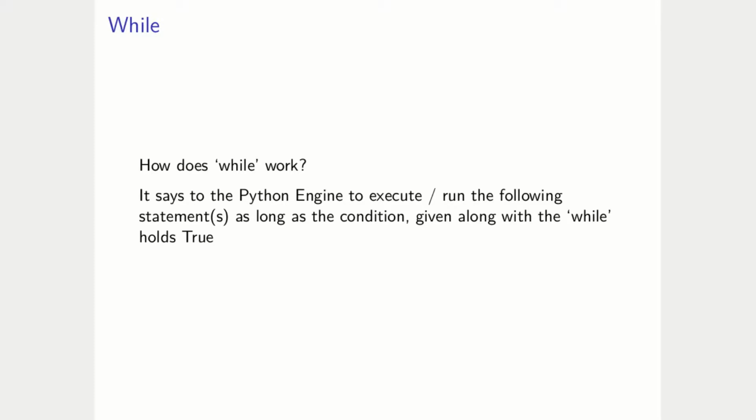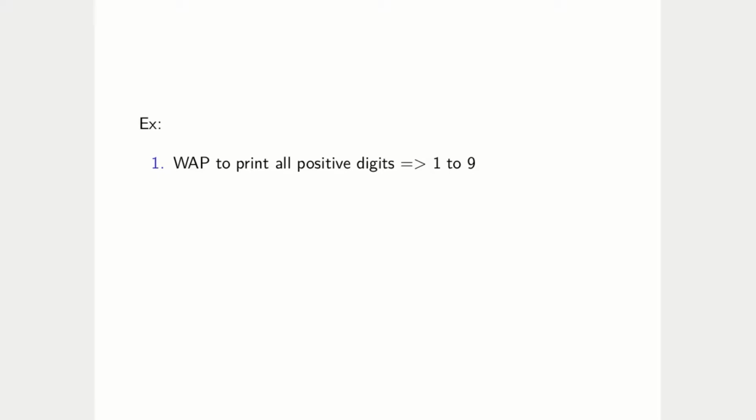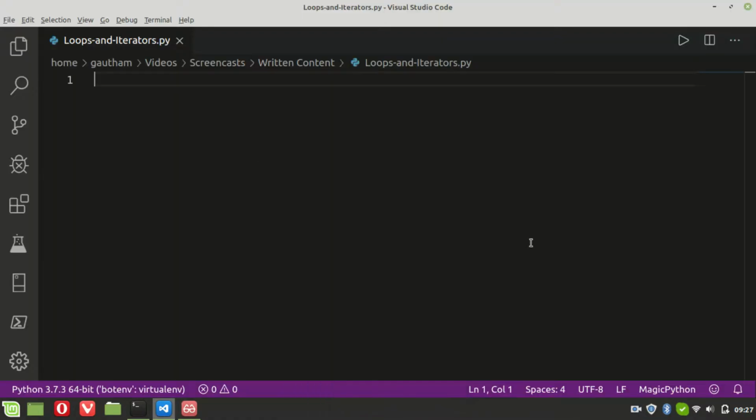Alright, so let us look at an example of it. For the example, we'll write a program to print all positive digits, which are 1 to 9. Let's go into the program editor. Our task is to print numbers from 1 to 9.